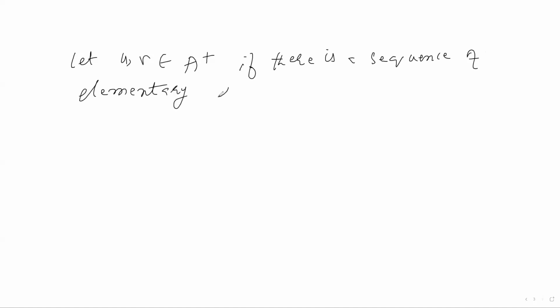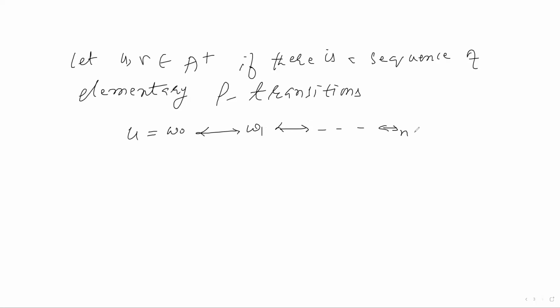If there is a sequence of elementary row transitions, a concept we have already defined, so u equal to w0 goes to w1 goes to so on goes to wn equal to v, this is a sequence of elementary row transitions.